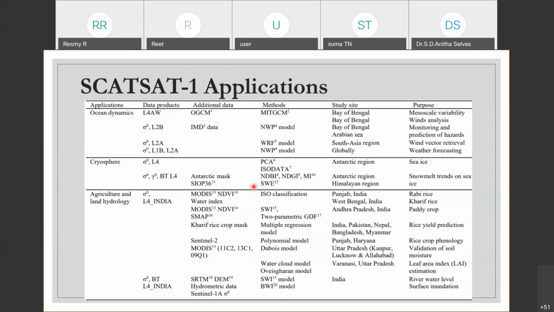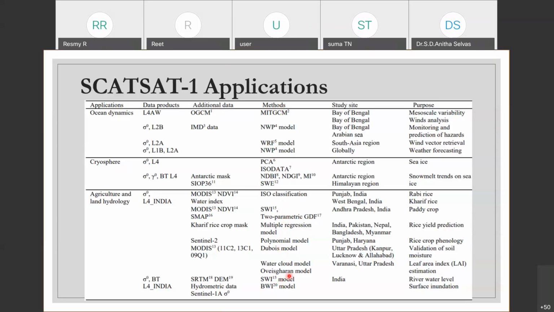And here you can see different models are also listed, which people have already worked upon. This is a new data, so it is still very unexplored.